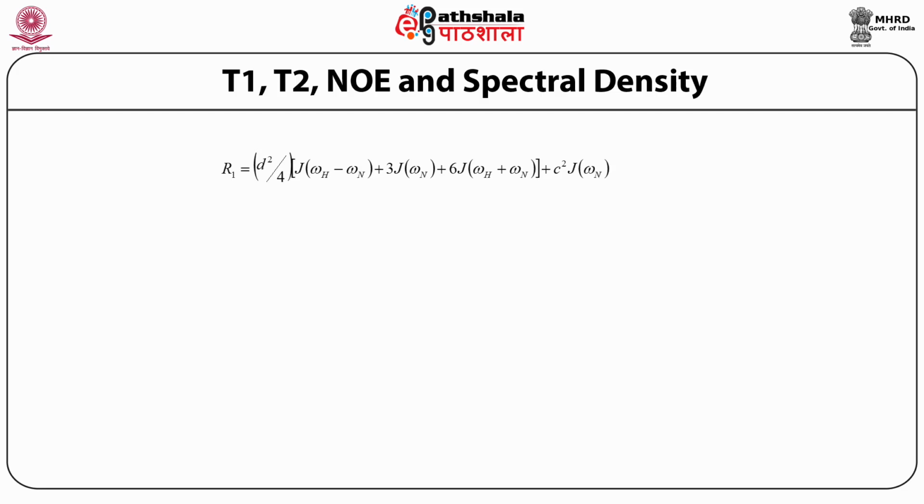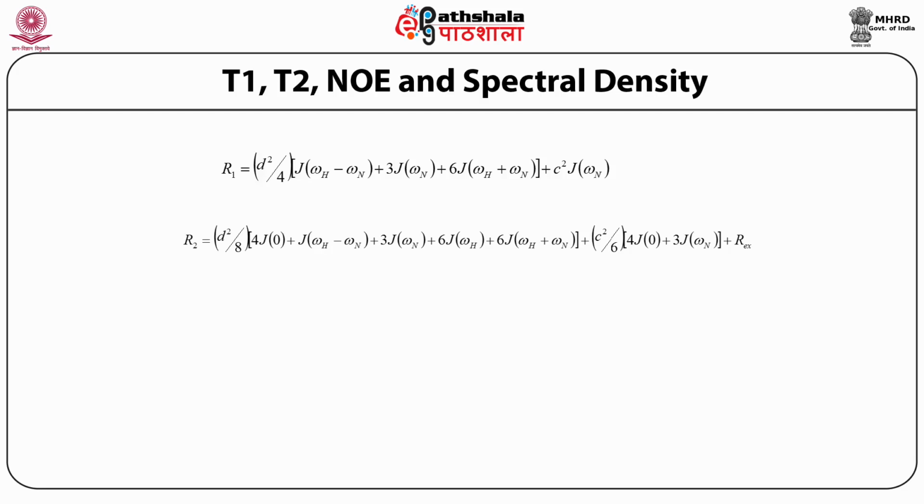So R1 depends on the spectral density function at omega H minus omega N, the spectral density function at omega N, the spectral density function at omega H plus omega N, and again the spectral density function at the nitrogen frequency. Similarly, R2 is dependent on J at 0.